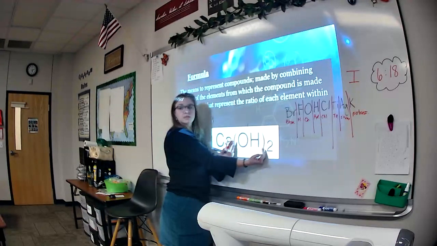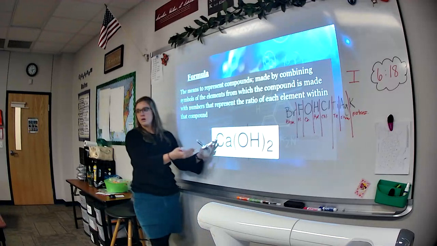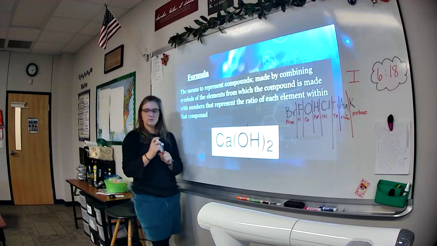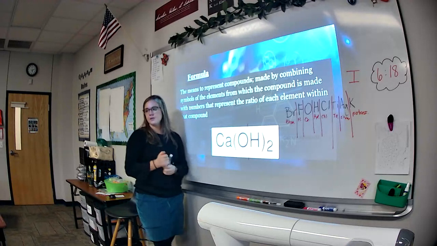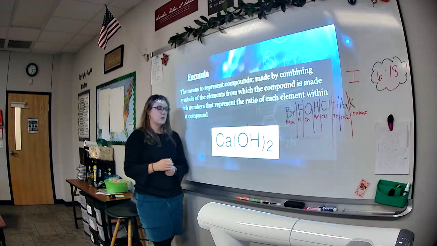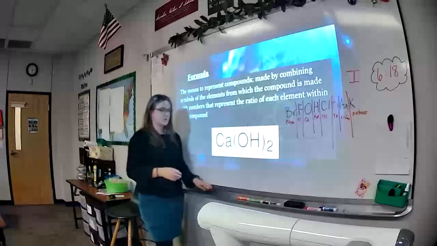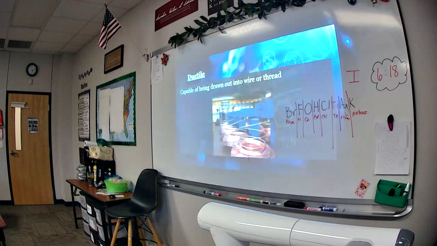So the O and the H are bonded together. There's two of those bonded to one C. So that's what the parentheses mean. We won't actually get into that, but I'm just explaining to you. Correct. Okay? Alright, next one.